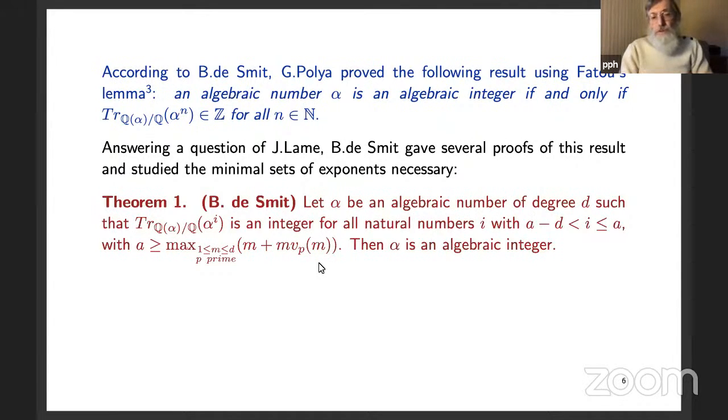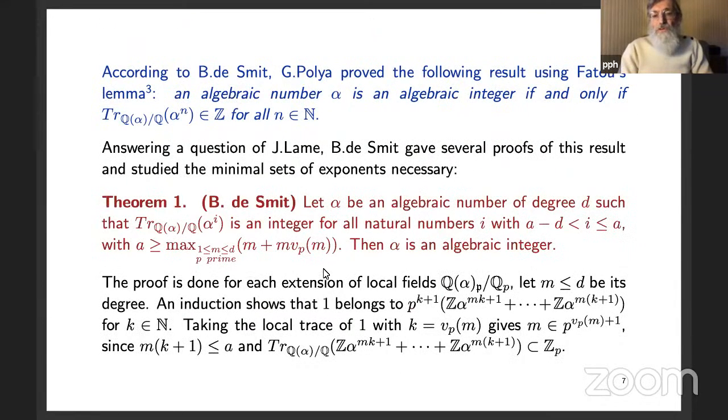In fact, there are only finitely many primes, because v_p of m would be 0 otherwise. Then alpha is an algebraic integer. So you see we have really a minimal set which ensures that alpha is an algebraic integer.